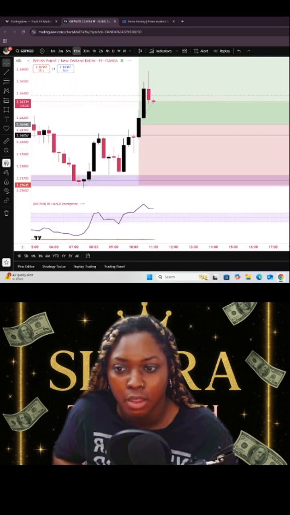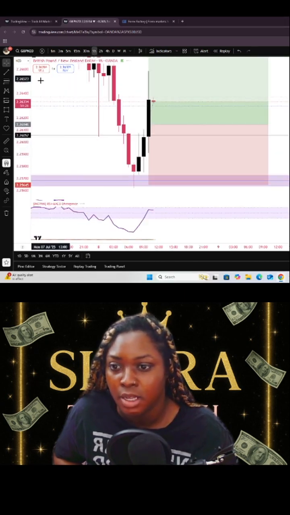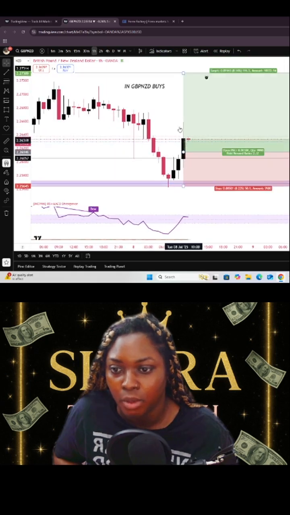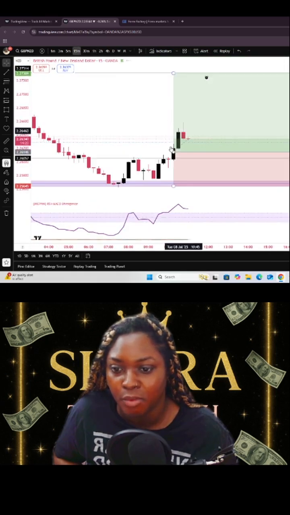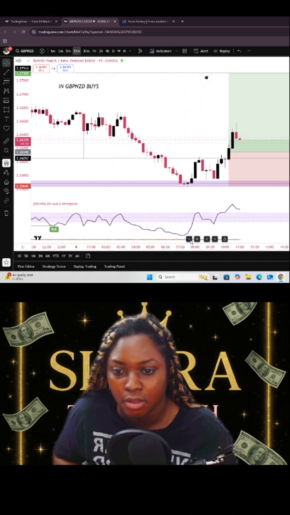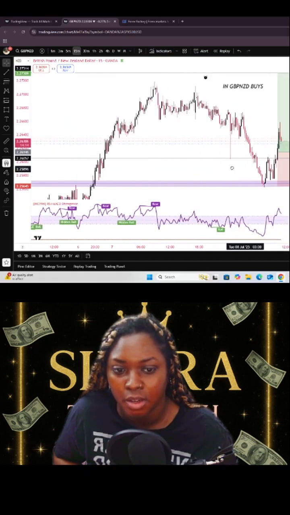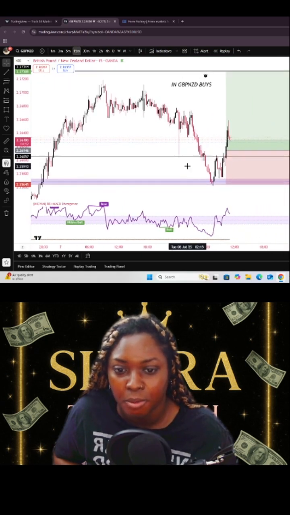All right, and then GBP NZD gave us this nice bullish move. It's giving us some type of pullback, which is expected. Like I said, we was going to see some type of pullback because of this impulsive move.